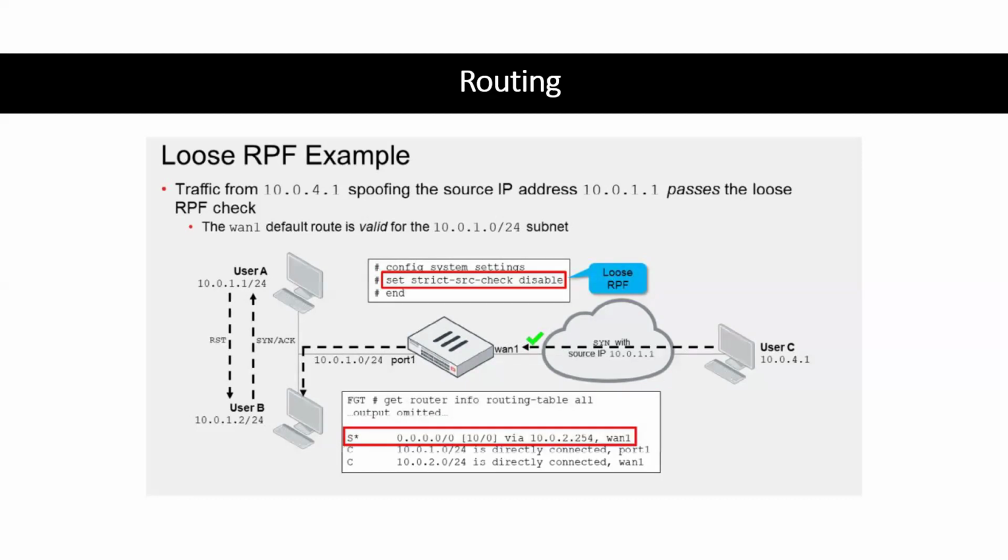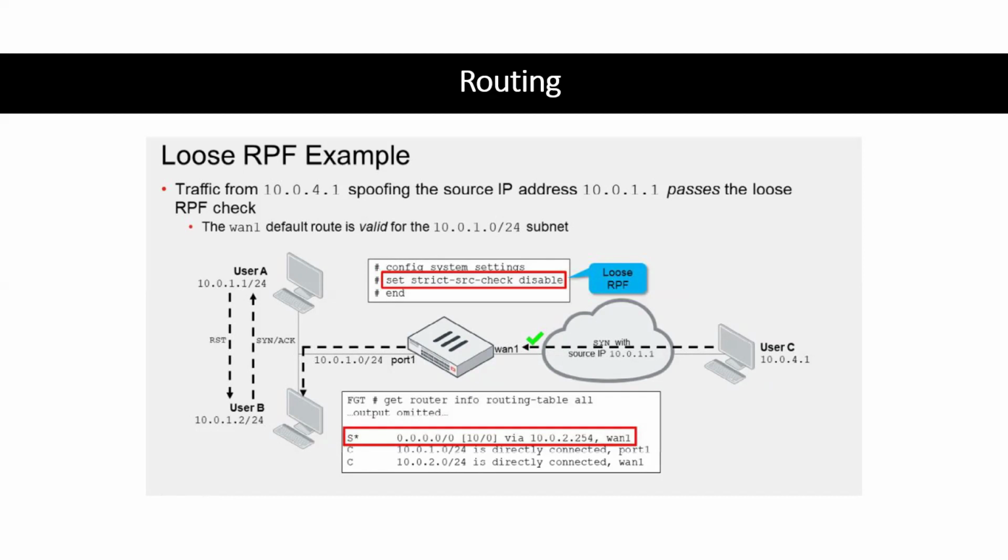It spoofs the source IP of 10.0.1.1. If you see on the right, it says I'm going to send a SYN and switch my source IP to 10.0.1.1. I'm going to spoof it.